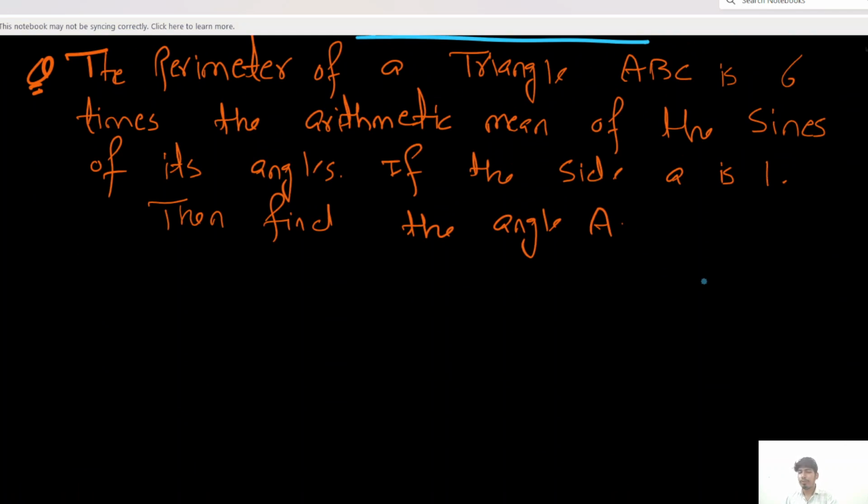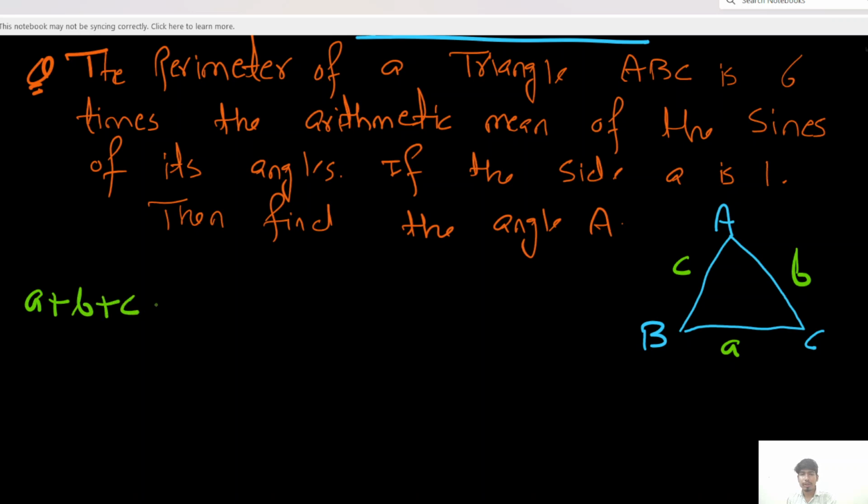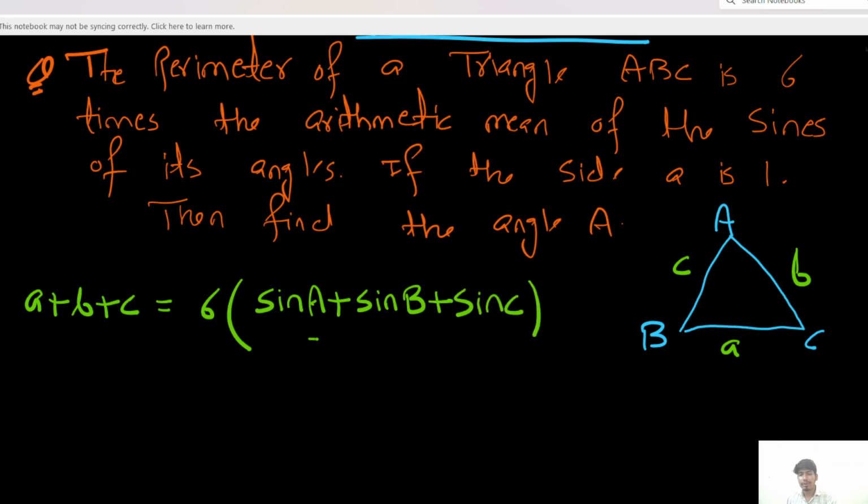The perimeter of a triangle ABC: first our triangle is ABC, this vertex is A, this is B, and this is C. The sides are a, b, and c. The perimeter of the triangle is BC plus CA plus AB, which is a plus b plus c. This is 6 times the arithmetic mean of the sines of the angles, meaning 6 times (sine A plus sine B plus sine C) upon 3.